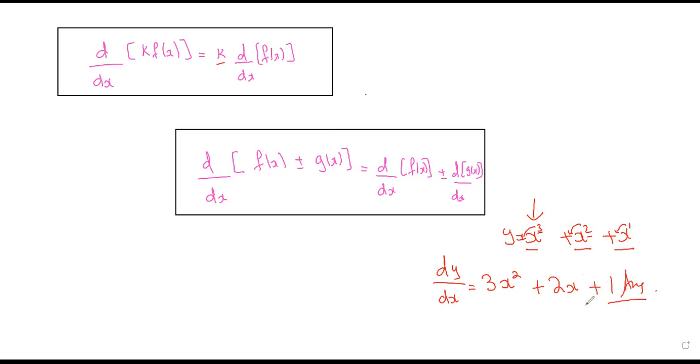Now, these were two simple examples for these rules, but I guess you guys are already comfortable with this. So let's talk about an example.